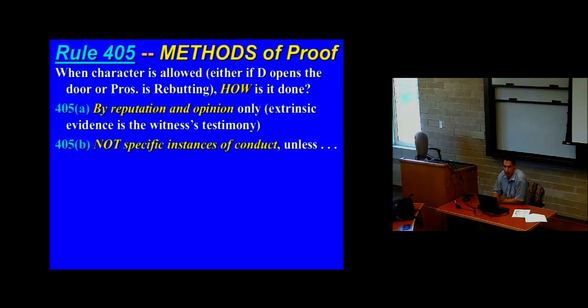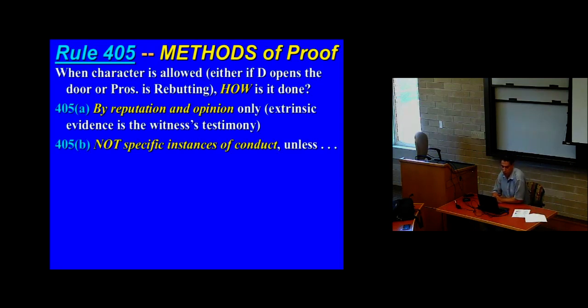If they do that, you can only ask them, what is the defendant's or the victim's reputation in the community? Or in your opinion, since you know the victim or the defendant, are they a violent person? What's their reputation? That sort of thing.